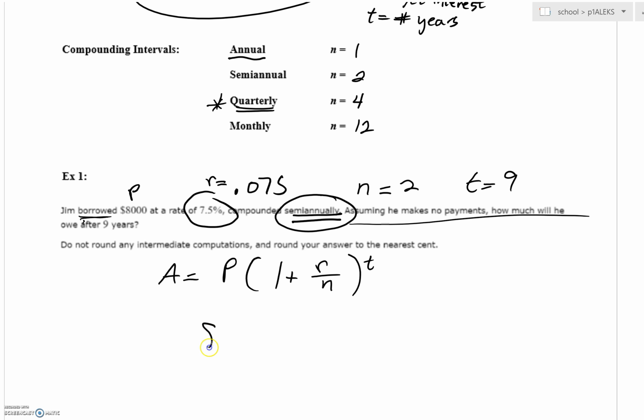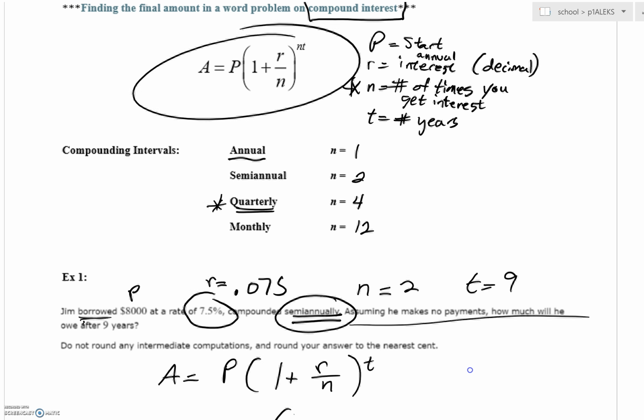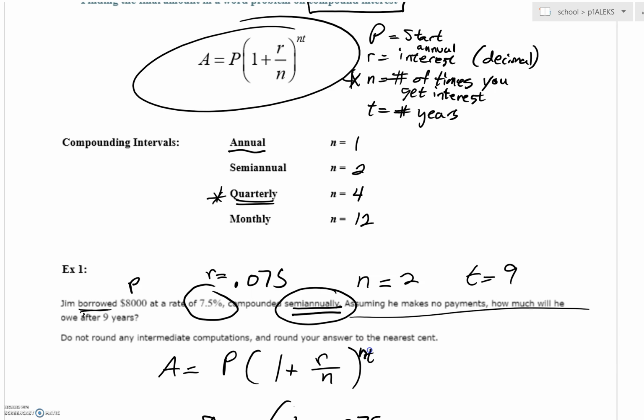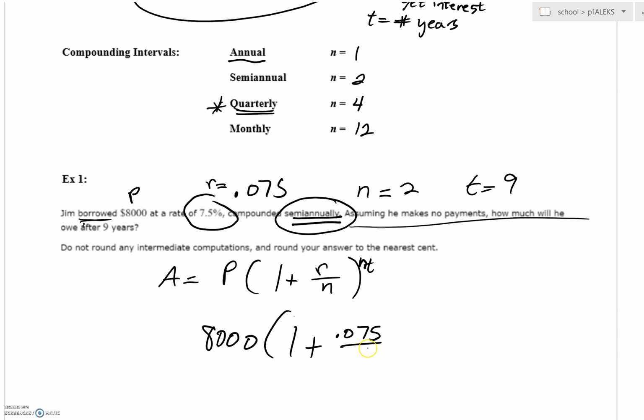You can see it's $8,000 times 1 plus 0.075 divided by 2, and by the way, it's NT, pardon me. Your N right up here is 2 times 9.